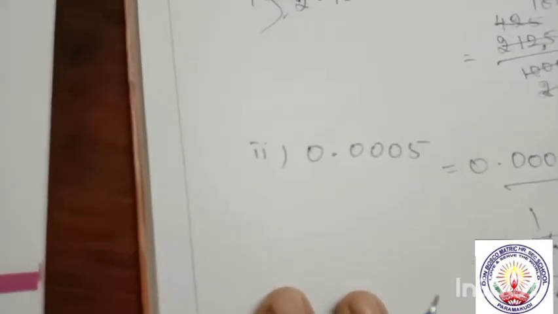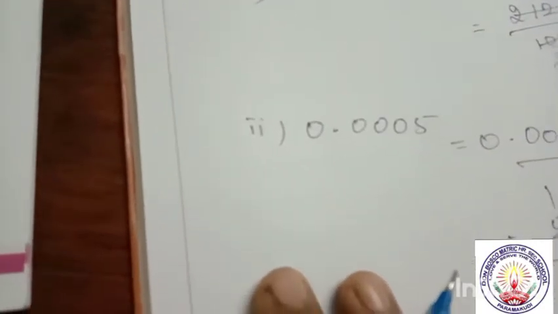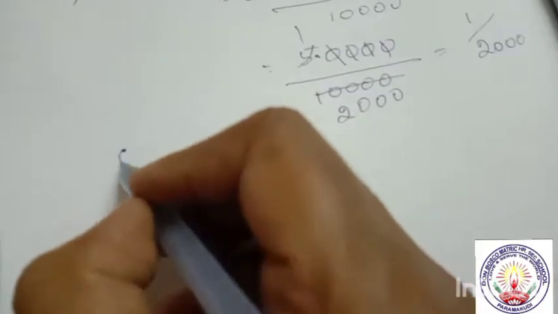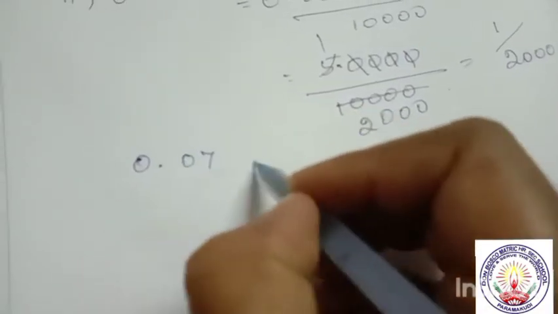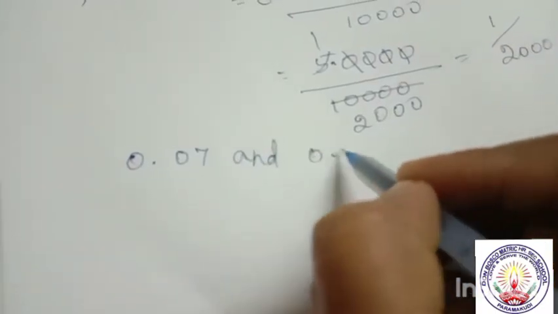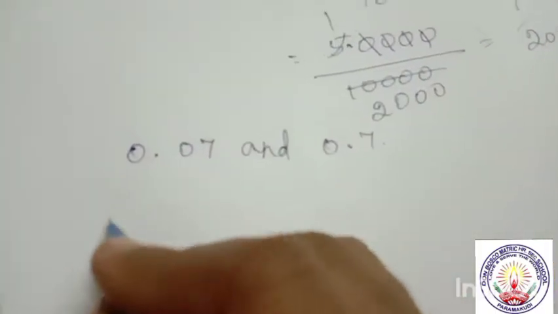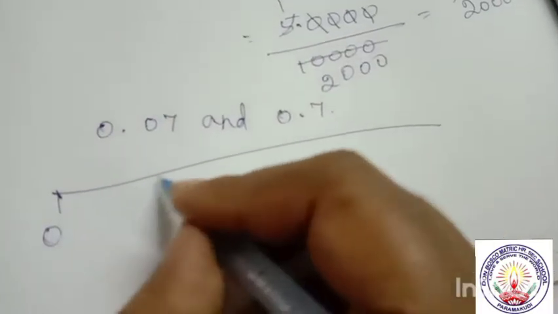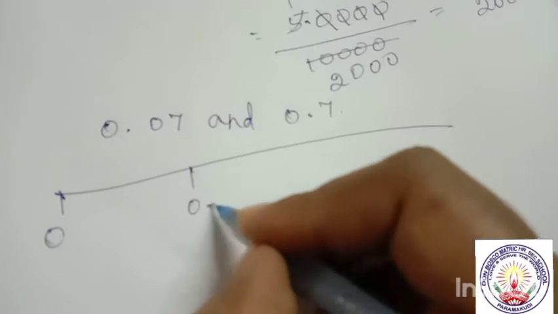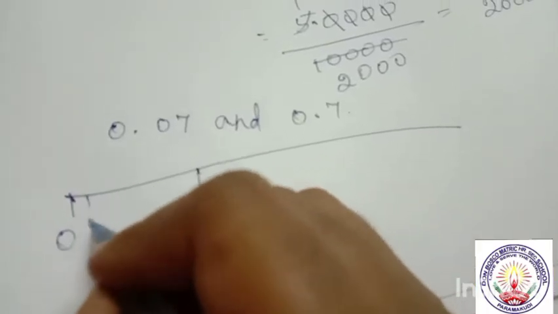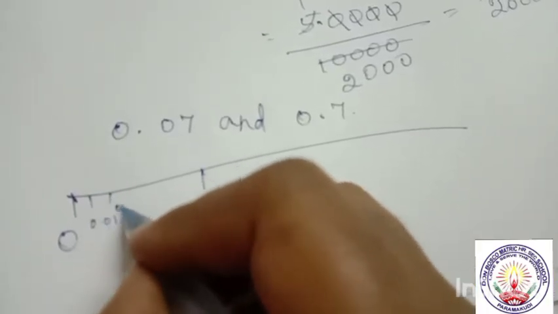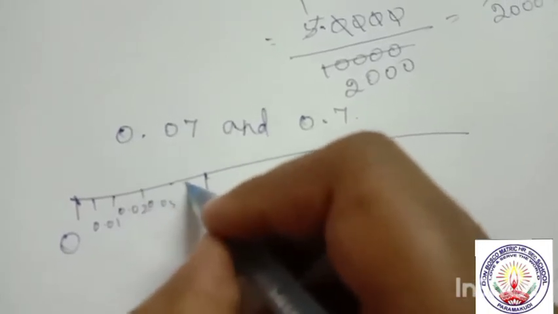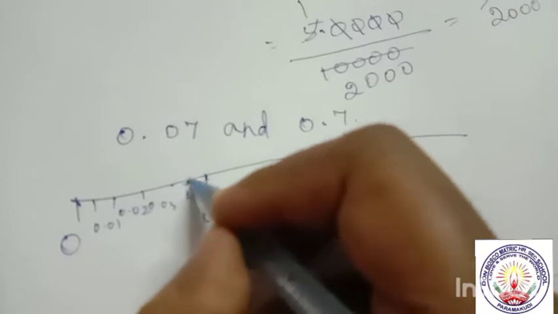Okay. Next, represent the decimal numbers 0.07 and 0.7 on a number line. 0.01, 0.02, 0.03, and so on.